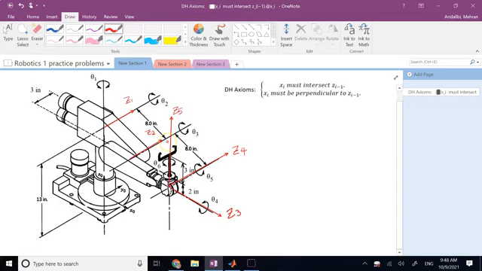For end effector, DH convention does not have a specific thing. But one of the suggestions we have in the literature is this system of NSA or ASN or SAN, doesn't matter.